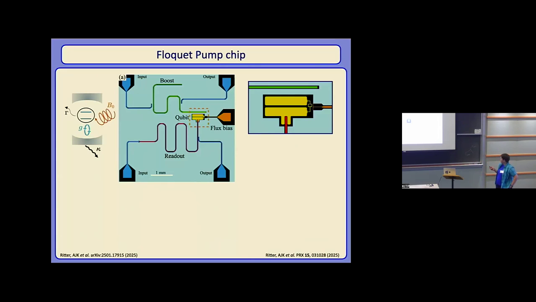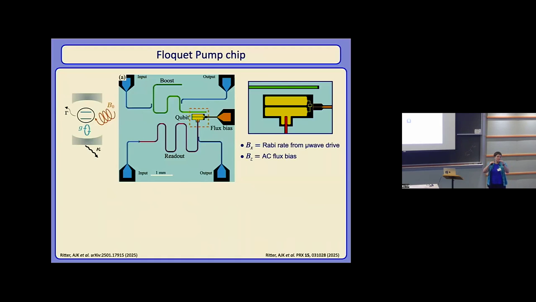If we zoom in on the qubit, we'll apply the X magnetic field through this red resonator here. We're not going to use a real magnetic field, we're going to use an effective magnetic field. Bx is going to be the Rabi rate from an applied microwave drive, and Bz is going to be an AC flux bias that threads this SQUID loop, which will change the detuning between the qubit and the microwave drive.